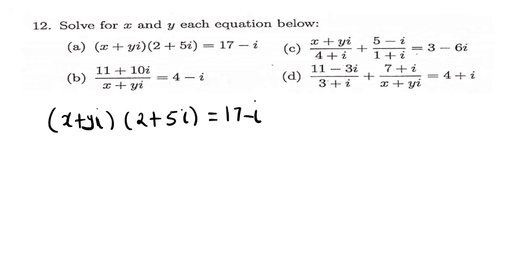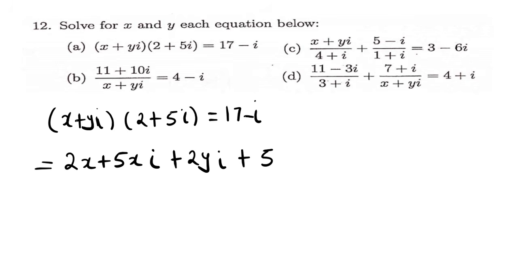If I start with x multiplying everything in the bracket, I'm going to have 2x plus 5xi. Then when I take yi multiplied by 2, I'm going to have plus 2yi. Then yi multiplied by 5i, I'm going to have plus 5yi squared, is equal to 17 minus i.